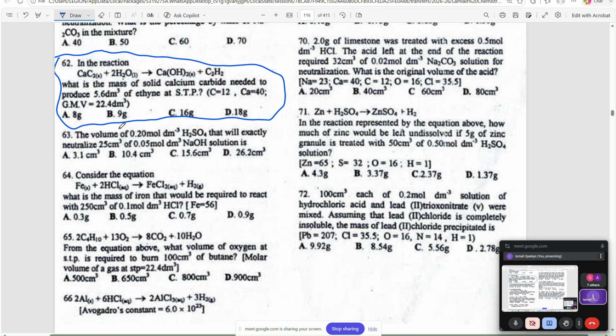So for example, in the question we are about to solve, this is question 62. The question says CaC2, that's calcium carbide. Now imagine that you never knew the chemical formula for calcium carbide before.